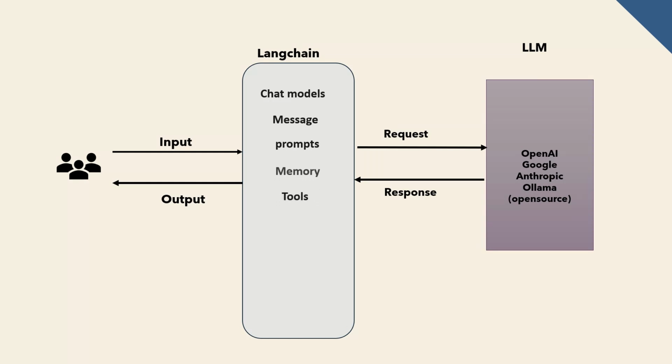It also has tools that add extra functions like search or math to make the AI smarter, and shows responses live as they are being created using streaming. Structured output organizes the AI's response into clean data. So all of this makes it easy for developers to build smart apps quickly. Langchain handles the hard parts, connecting to LLMs, managing responses, and adding features. So developers can focus on creating great user experiences.